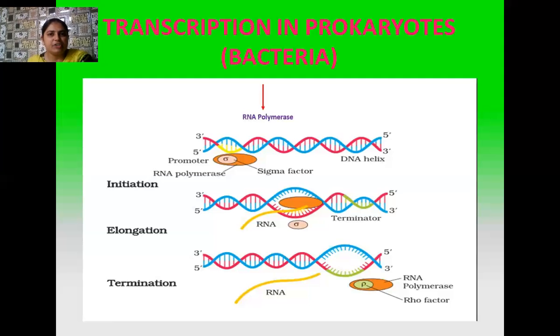So here transcription and translation go on simultaneously. Whatever messenger RNA gets ready is involved in the process of translation, whereas the synthesis of messenger RNA is also going on side by side, because all the things happen only in the cytoplasm. There is no demarcation between the nucleus and the cytoplasm in case of prokaryotic organisms.